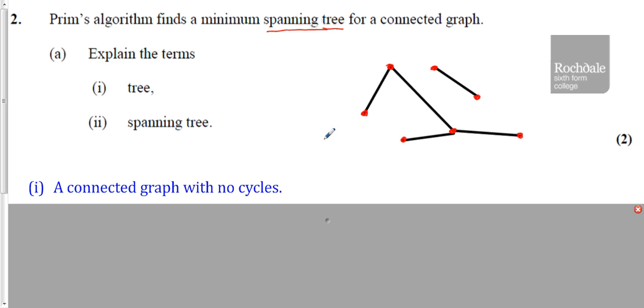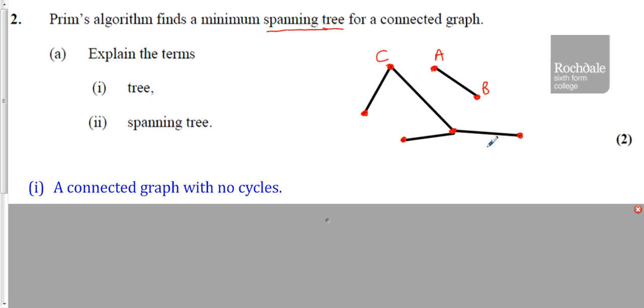This is not, however, a connected graph because it's impossible to travel from either of these two vertices, which I'm now going to call A and B, to any other part of the graph except themselves. So for example, if I call this one C, it's impossible to travel from A to C or from B to C on this graph.